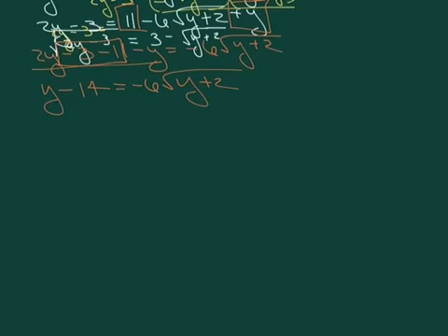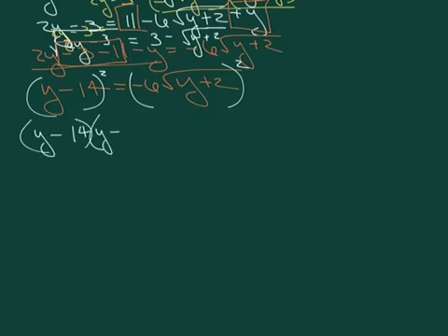All right, so we remember on the last one I did, when we had a radical with a number multiplied, we kind of stopped there and we squared both sides. So that gives me the negative 6 squared and y plus 2.